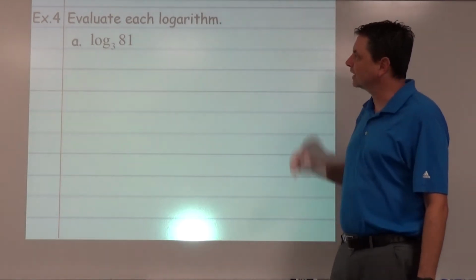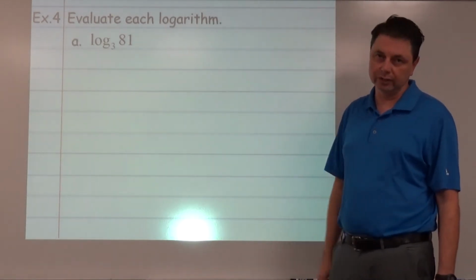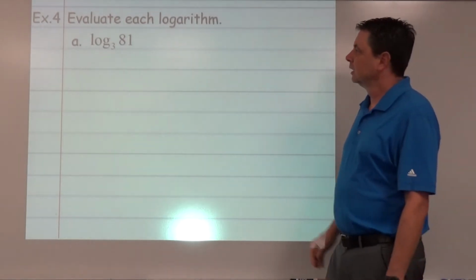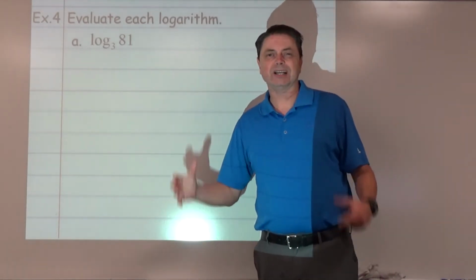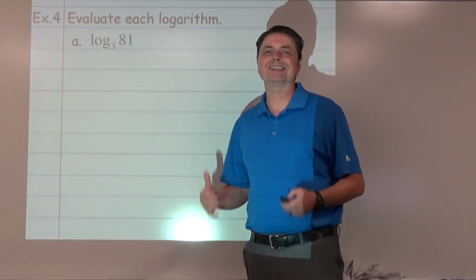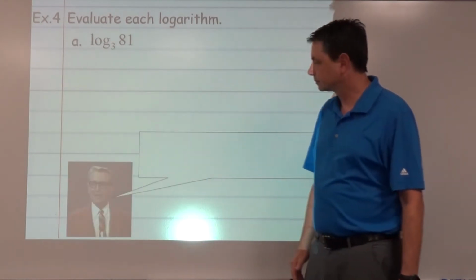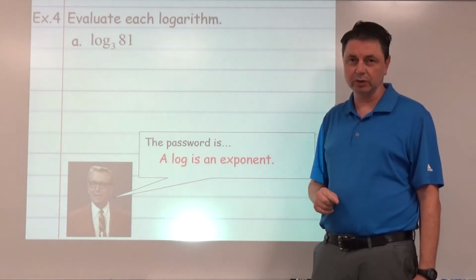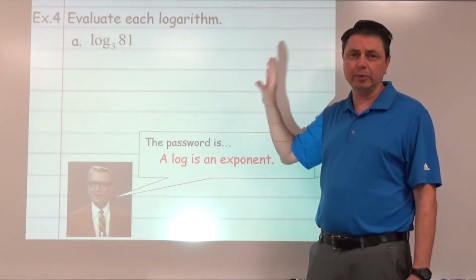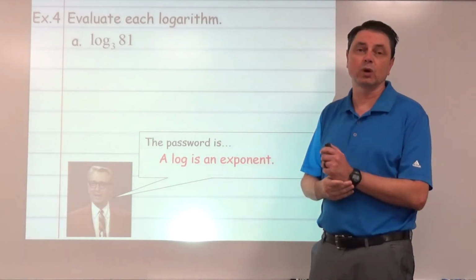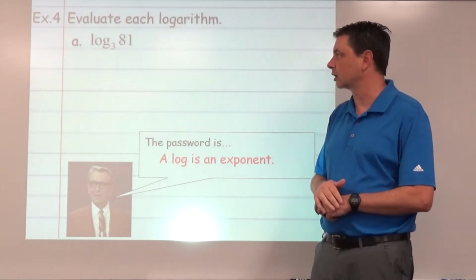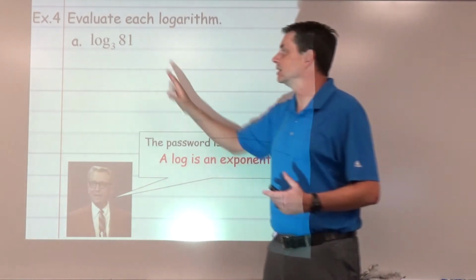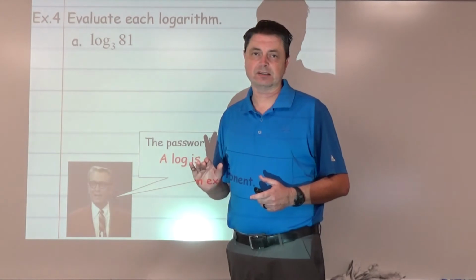Example number 4, evaluating logarithms. So a logarithm, kind of the phrase here, log is an exponent. That is our password. A log is an exponent. So some of these are going to be reasonably obvious where we don't need to show any work. What it's saying is, in this problem, 3 is the base.